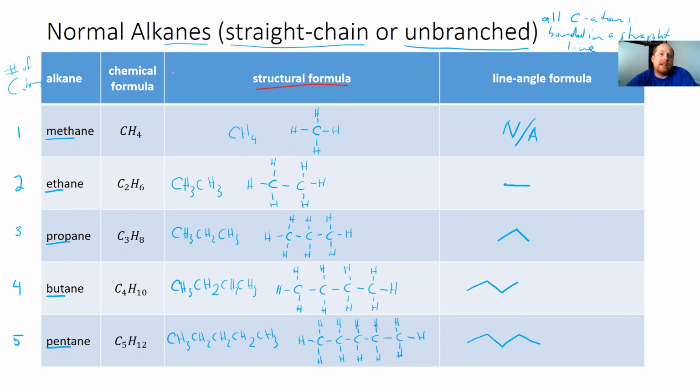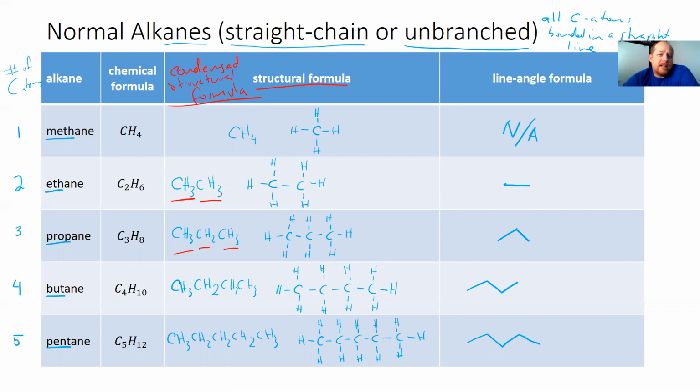We looked at a condensed structural formula, which was basically looking at each of the CH3 and CH2 units as being entities of themselves, little blocks, if you will, like you might put together with Legos, right? You stick those together, they make these longer chains.